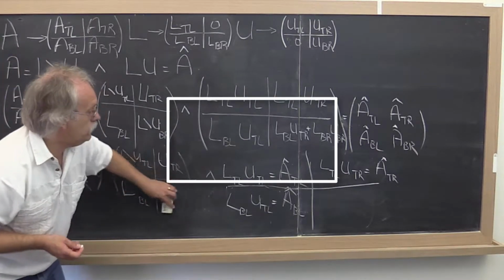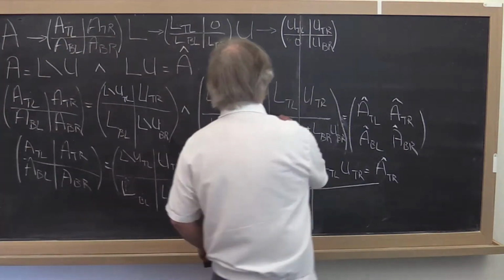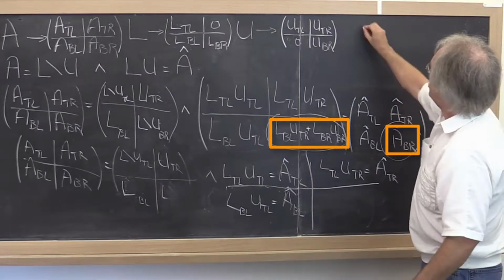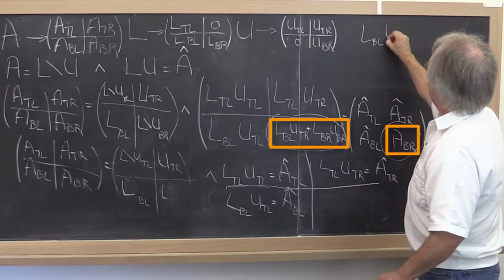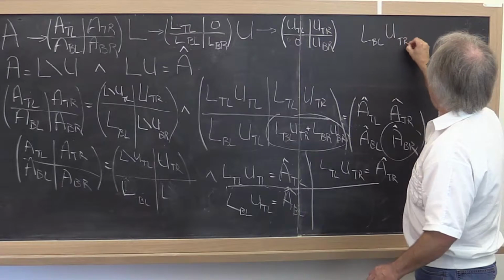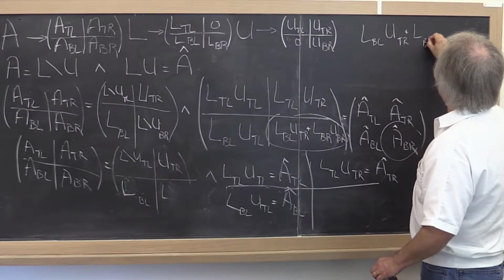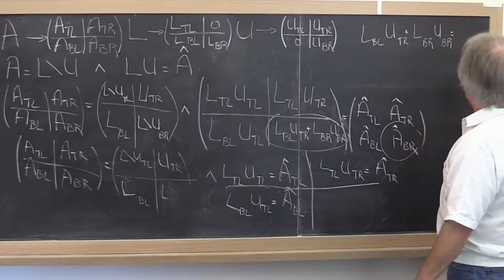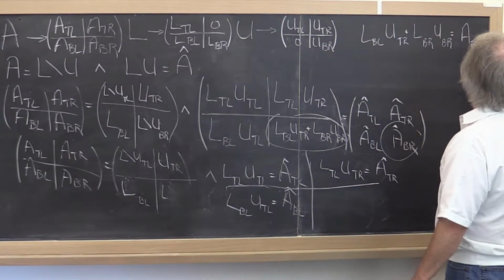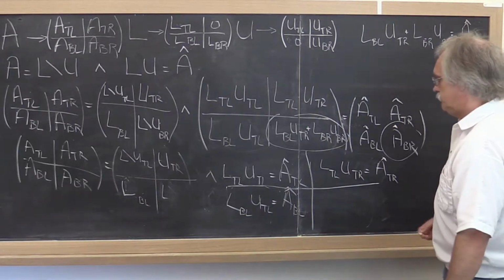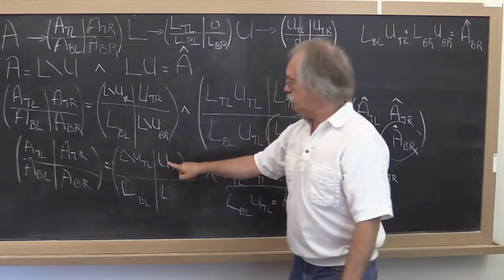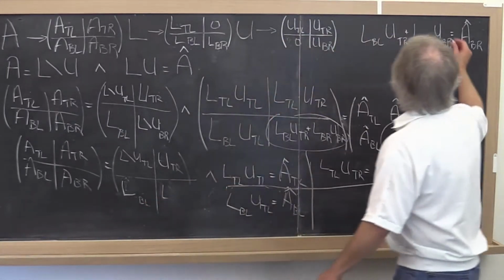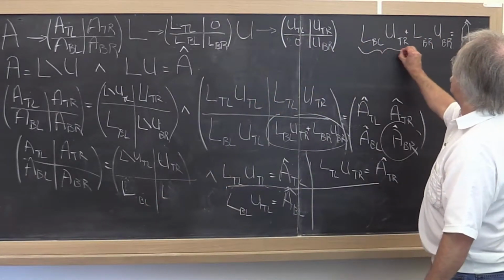So, what we do instead is we go and we look at this right here. Now notice that that's L bottom left, U top right, plus L bottom right, U bottom right, is equal to A bottom right hat. Now, if we've already computed U top right and L bottom left, then we know this term right here.